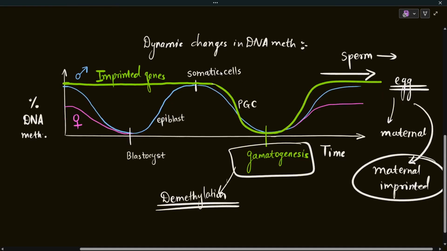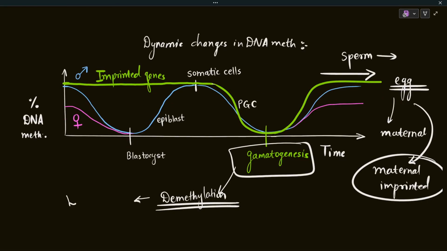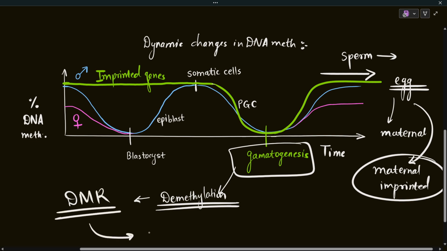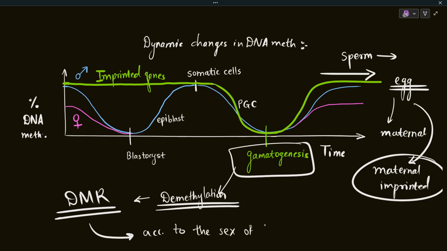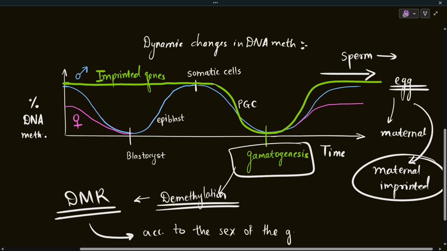So this DNA demethylation event ensures that differentially methylated regions will exhibit the DNA methylation according to the sex of the gamete, whether it is sperm or egg. So, according to the sex of the individual.